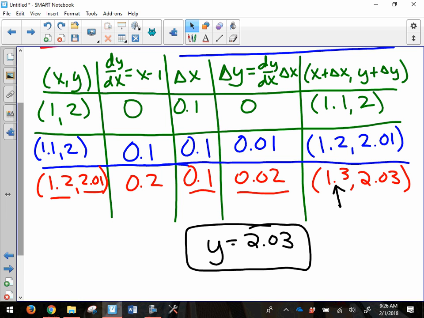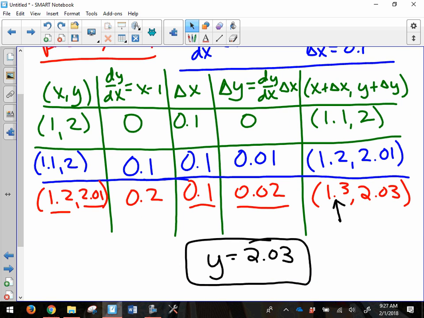And this was moving towards the right, towards more positive values of x, or larger values of x. I could move the other direction if I was still starting at 1 comma 2, but I wanted to know what the value for y was when x was 0.5. I would just make my delta x negative. That's okay, and it'll shift it in the opposite direction towards more negative numbers.